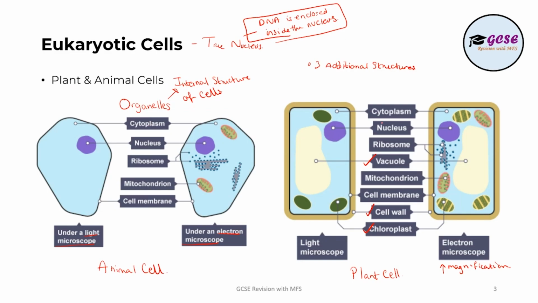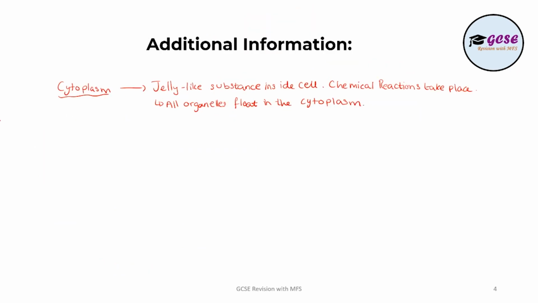The nucleus. Both animal and plant cells contain a nucleus. The nucleus is basically the brain of the cell. It contains the DNA and regulates the synthesis of proteins as well.